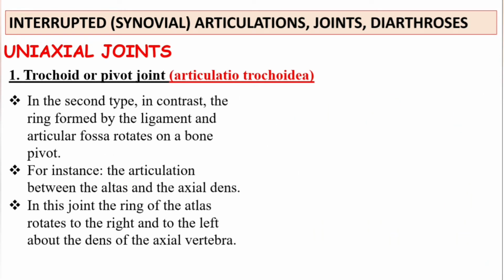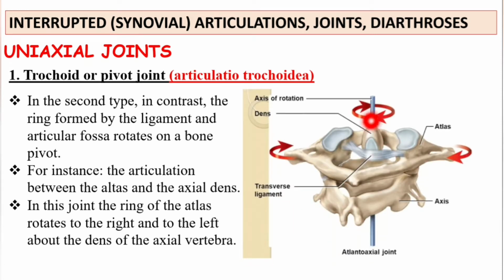The second one: the ring formed by the ligament and articular fossa rotates on a bone pivot. In this case, the bone pivot is fixed, and the articular fossa and the ring ligament are rotating. An example is the articulation between the atlas and the axis, the atlantoaxial joint.